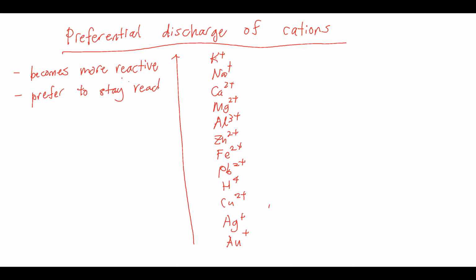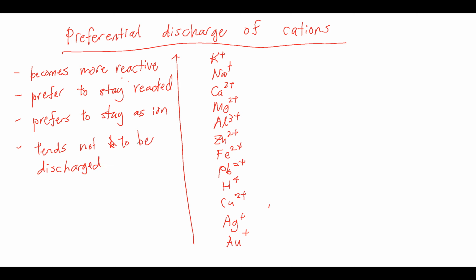And because it prefers to stay reacted, it prefers to stay as an ion. And because it prefers to stay as an ion, it tends not to be discharged back into its element form.